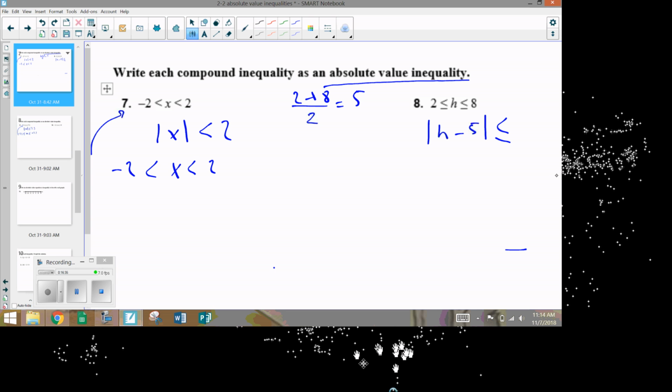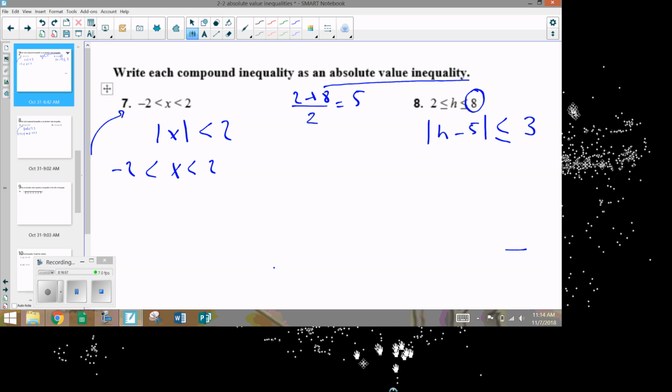First step, average goes inside of the absolute value as negative. Then, I need to determine this number. How? I'm going to subtract average from the bigger number. 8 minus 5, 3.